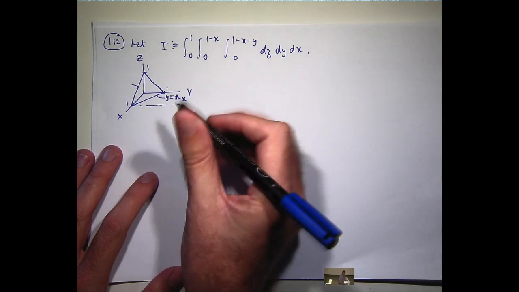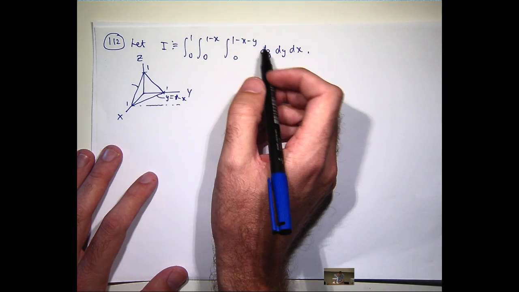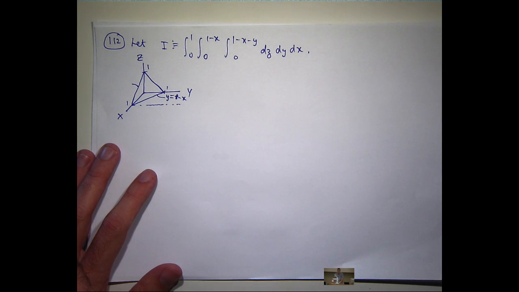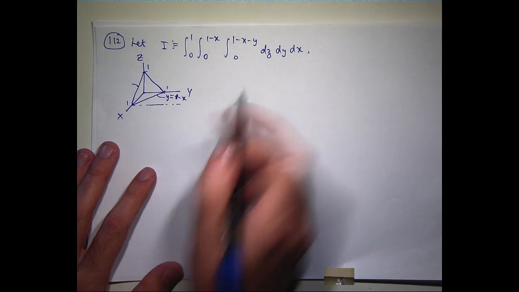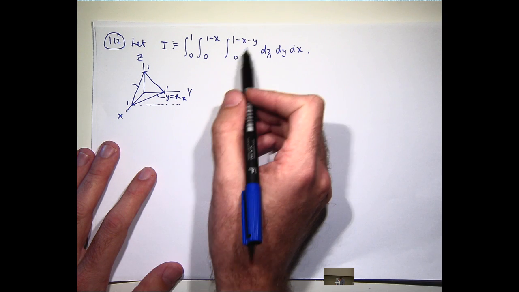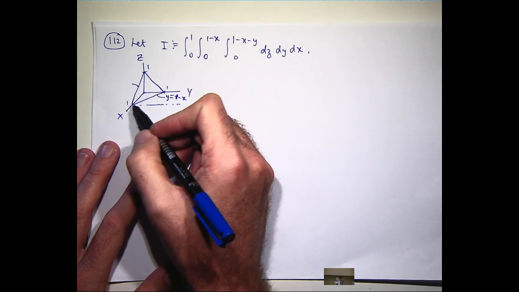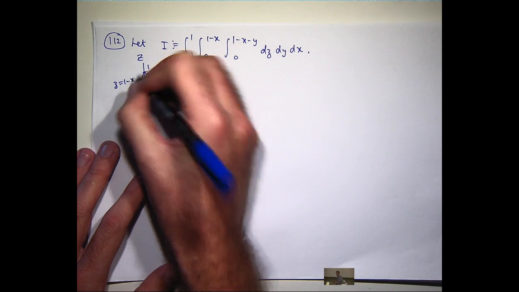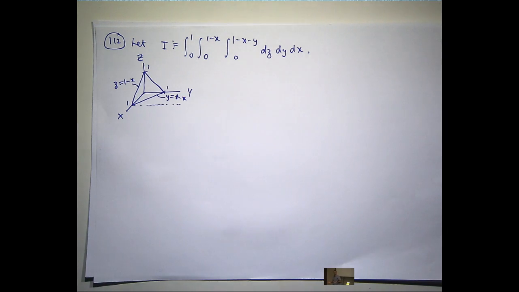So this would be the line when y, if I set y equal to 0 up here, I'll get 1 minus x. So this is going to be the line, something like z equals 1 minus x. And I can get the equation of the other line if I really want to.